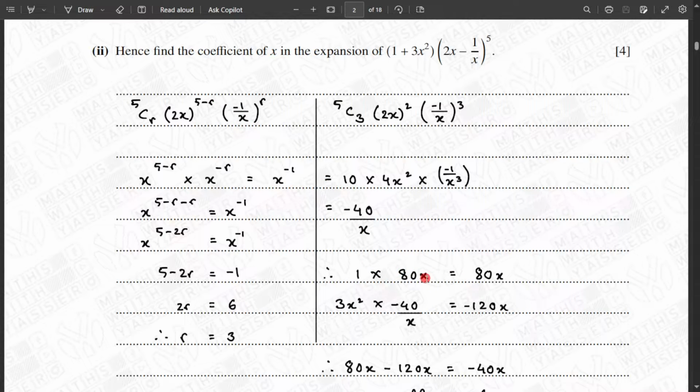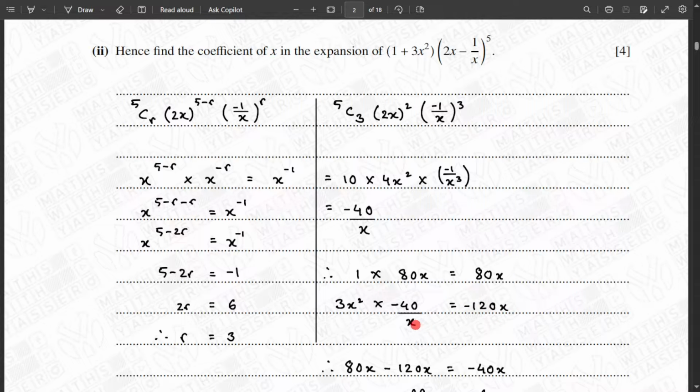Previously we found the coefficient of x for this expansion was 80x. So 80x times 1 will give you 80x. Also, when you're multiplying 3x^2 with this -40 over x, you will get -120x.